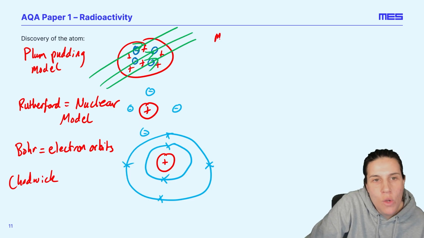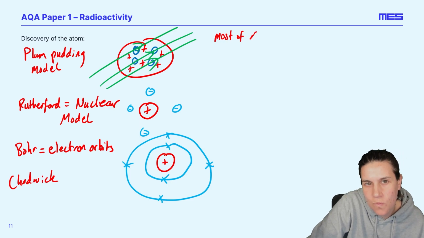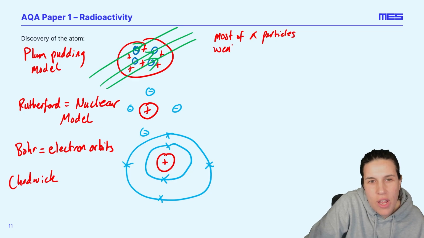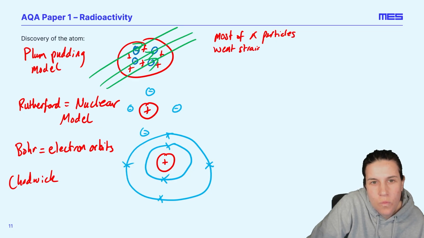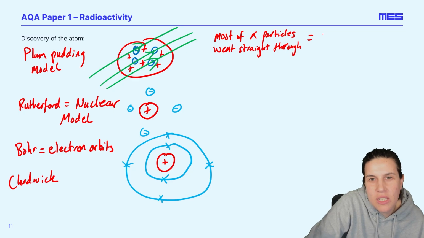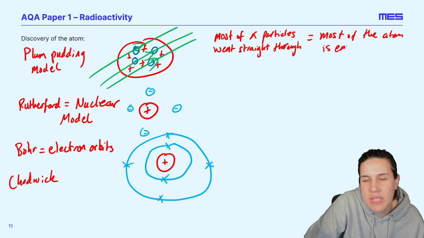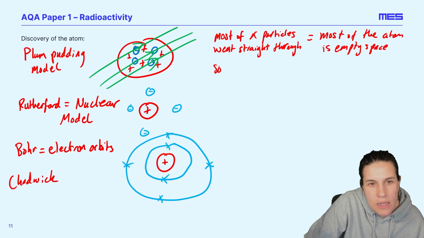So we had most of the alpha particles went straight through. Which means that most of the atom is empty space. Some alpha particles were deflected.